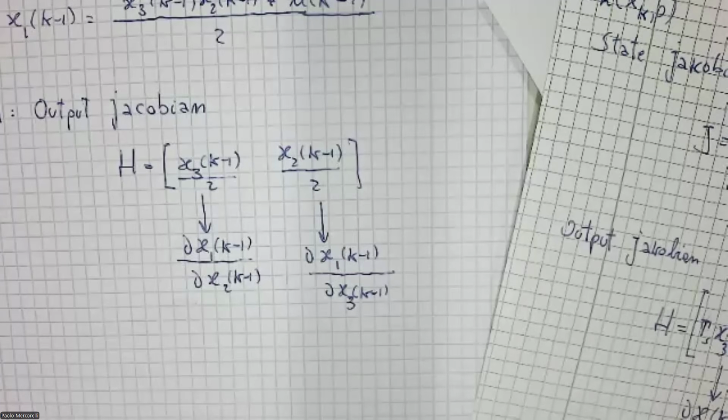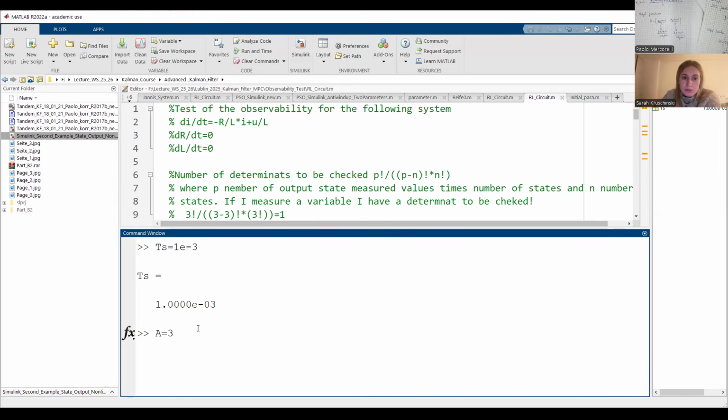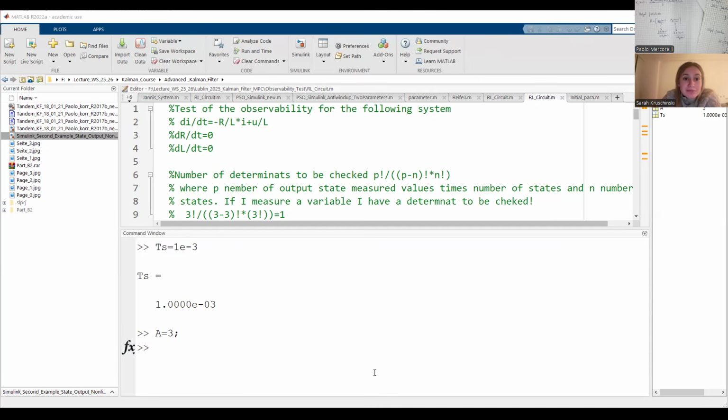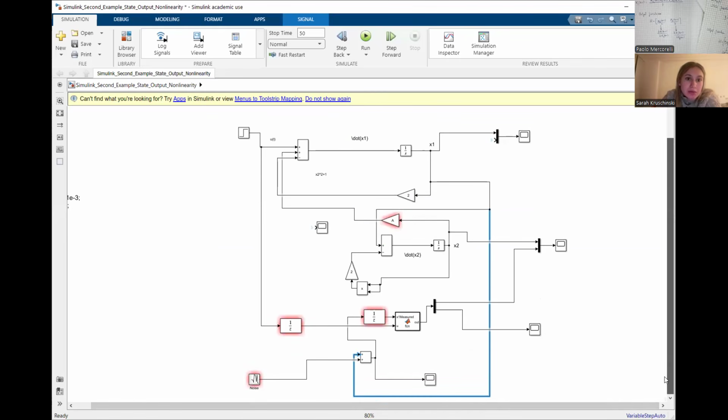Okay, excuse me. Let me give you a value. Let me come back to MATLAB. The value of A, which Kalman does not know. I mean, the initial value of A is not 3. I don't remember which it is, but we can look now together. Again, I am measuring x1 with noise.